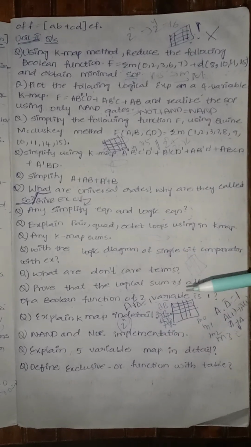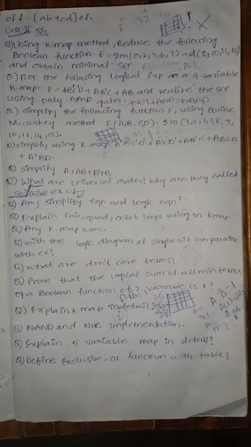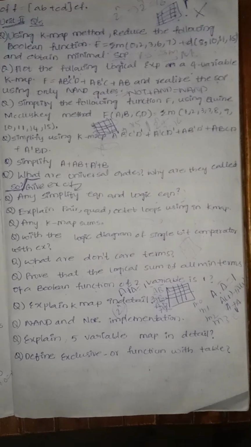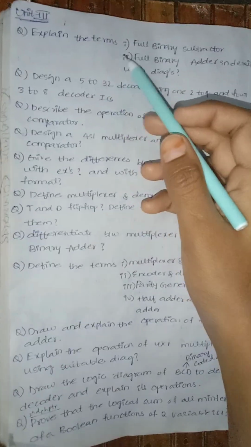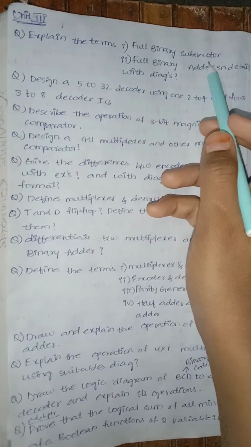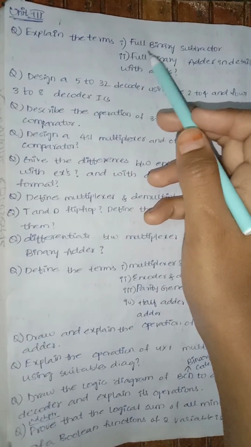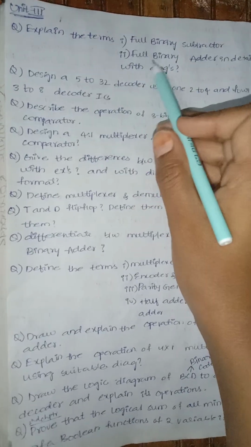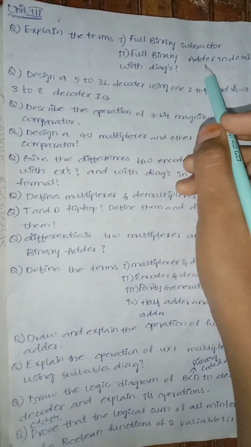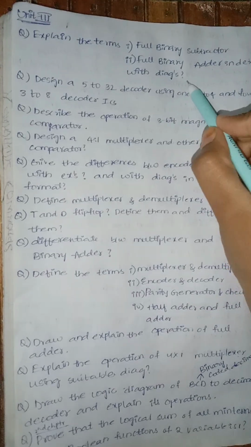In the first and second chapters, Boolean functions, Boolean expressions and logic gates are used in all concepts. In the third chapter, we need to know adder, subtractor, full binary adder, full binary subtractor, half binary adder, half binary subtractor with the diagrams.